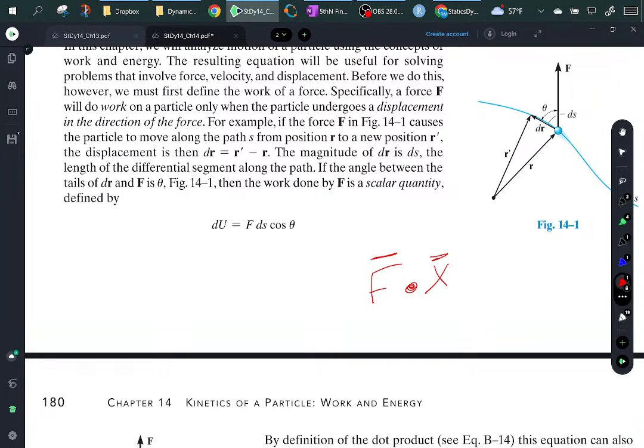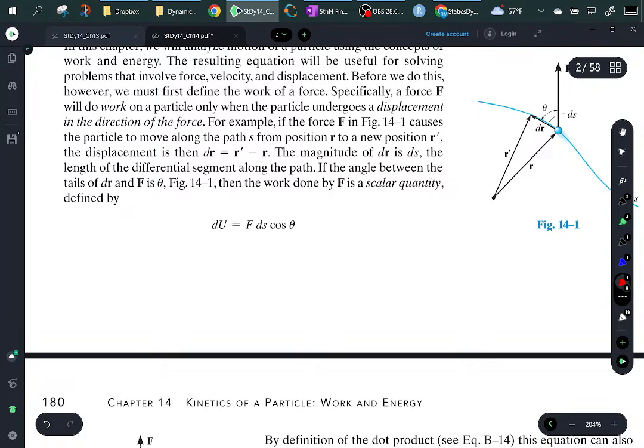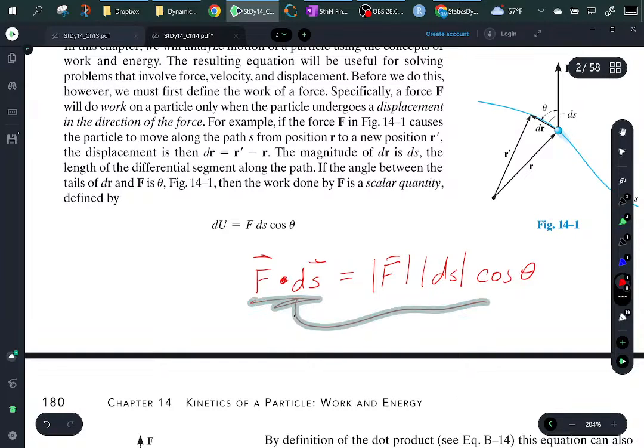Let's do it just like the way he's doing it: F dot ds, where those are two vectors, and essentially it becomes the magnitude of F, the magnitude of ds, and the cosine of the angle between them, because that's the definition of the dot product. In physics, this may be changed to an x, or a delta. It could be anything. In this book, he's decided to use an s.